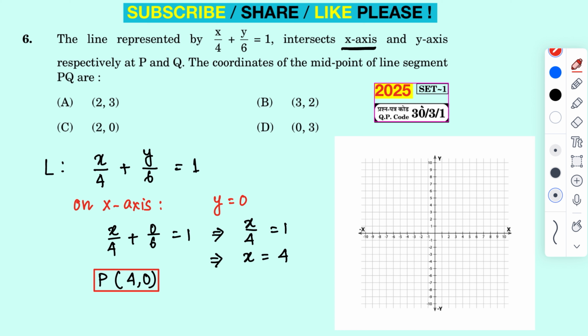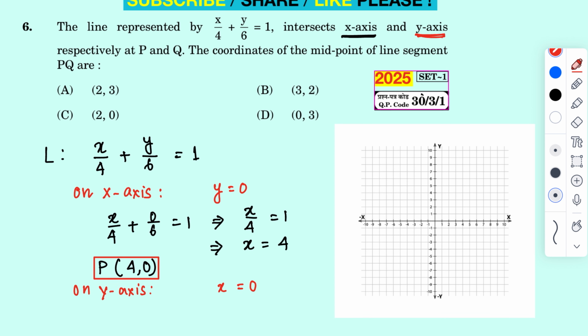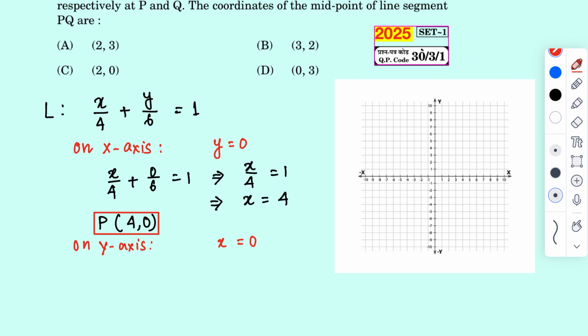For point Q, if we will see, the line intersects y-axis at point Q. So on y-axis, we know that x is equal to 0. If we will put x is equal to 0 here, then we will get 0 by 4 plus y by 6 is equal to 1.